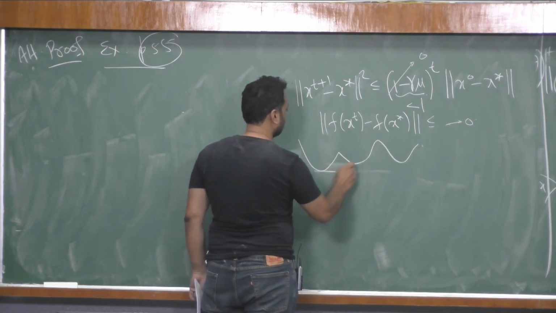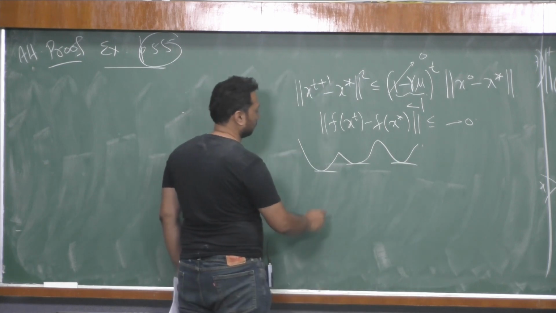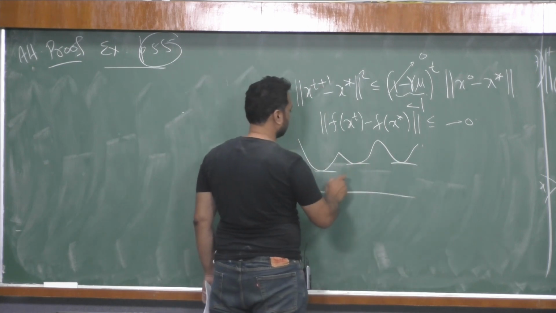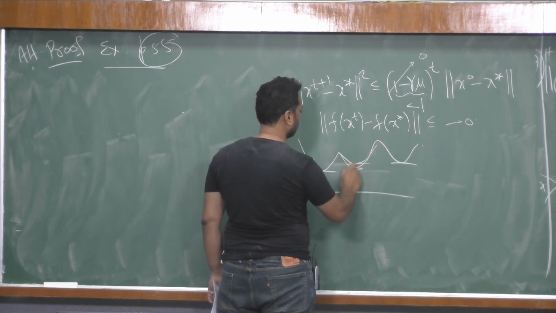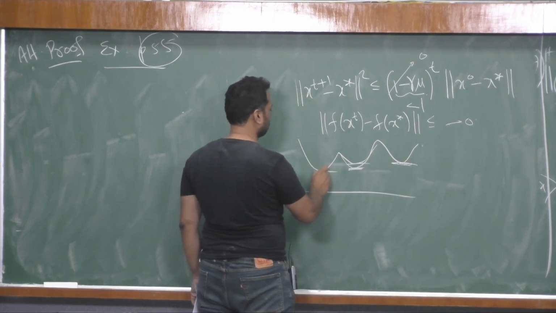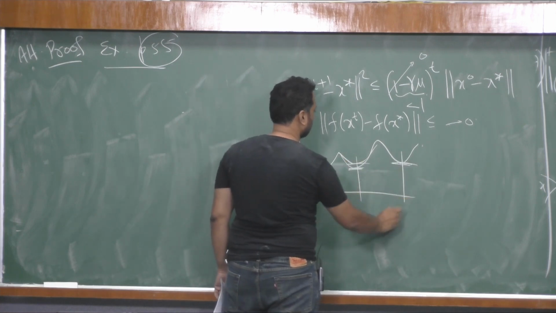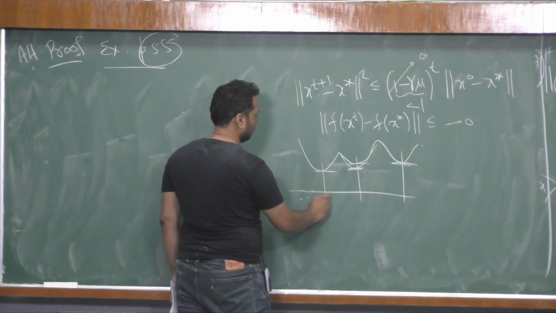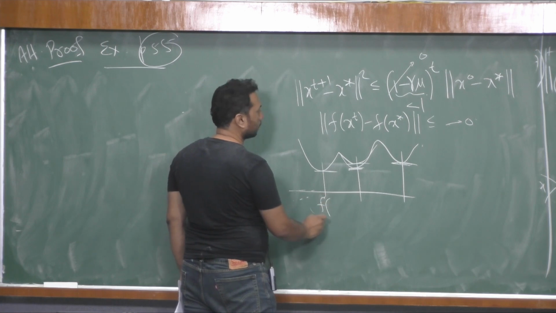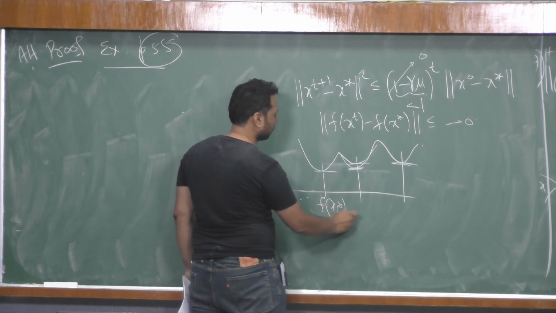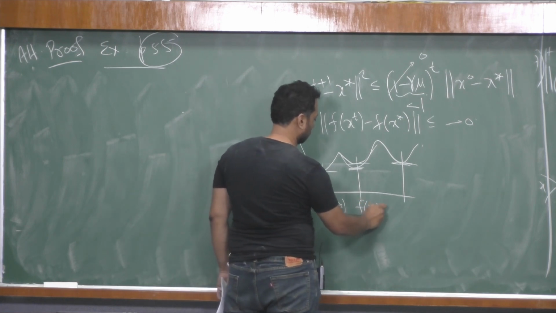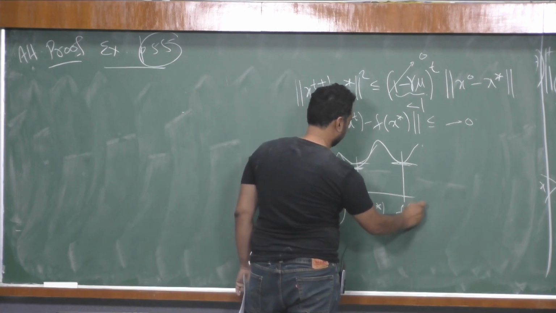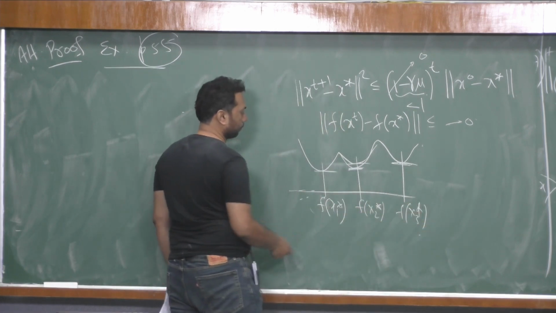The non-convex functions are like that, right? So what this is saying is that these are, let us say, all equal to f(x star). So your iterates may be converging to this f(x1 star), this f(x2 star), f(x3 star), but they are all equal.